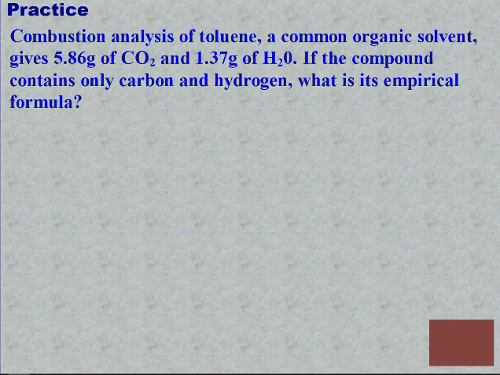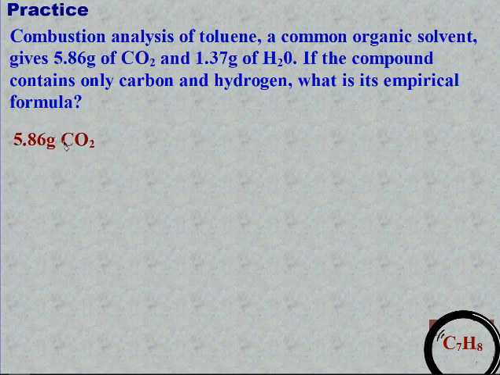All right, go ahead and try this one. Restart when you have your answer. So toluene is C7H8. This one was a little bit tricky at the end. You should have started with your grams of CO2 and your grams of water.